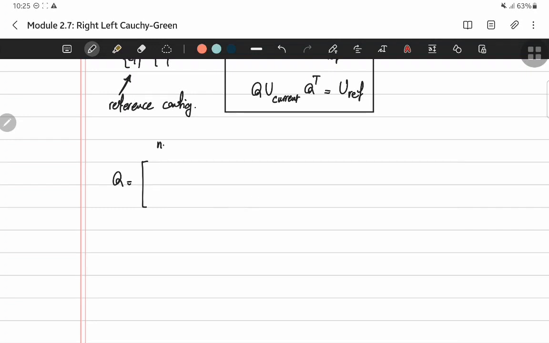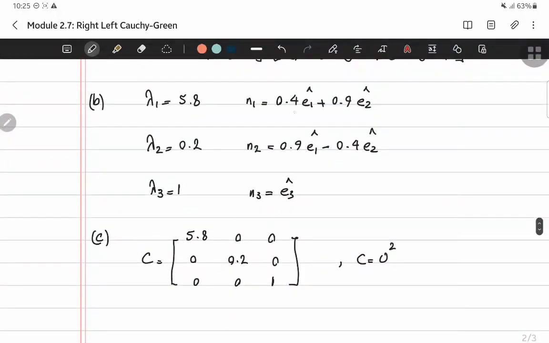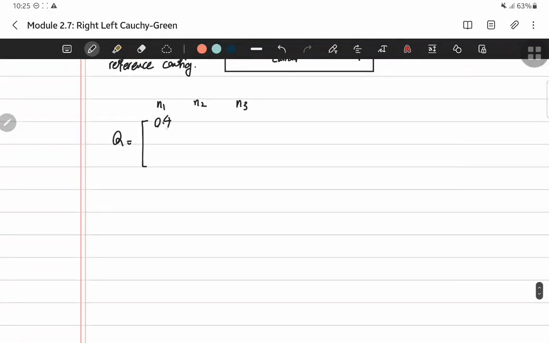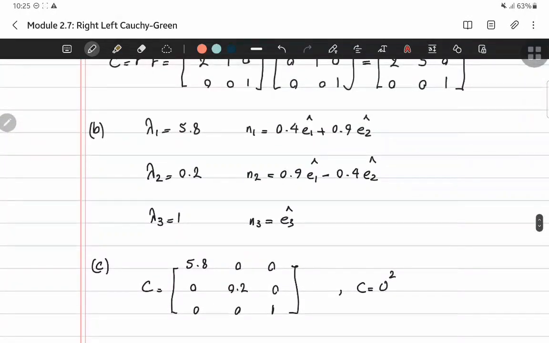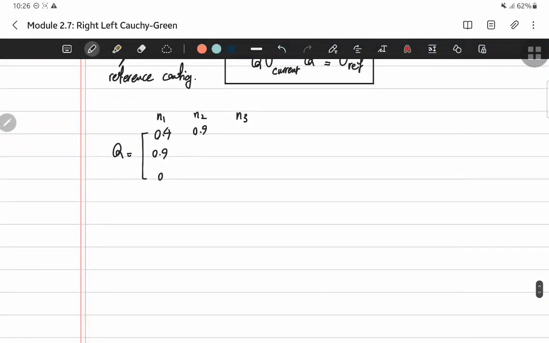So I have my n1 here, n2 in here, and n3 in here. So n1 is 0.4, 0.9, 0. Then n2 is 0.9, minus 0.4, 0. Here I have e3, so it is 1, and the rest are 0.